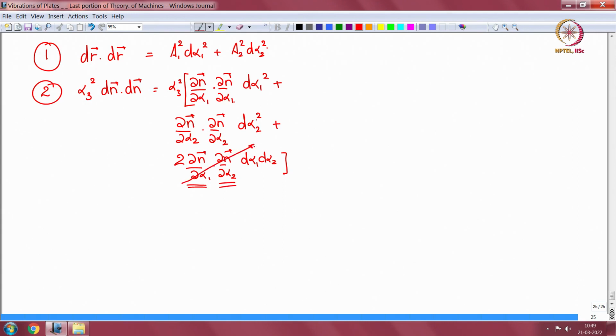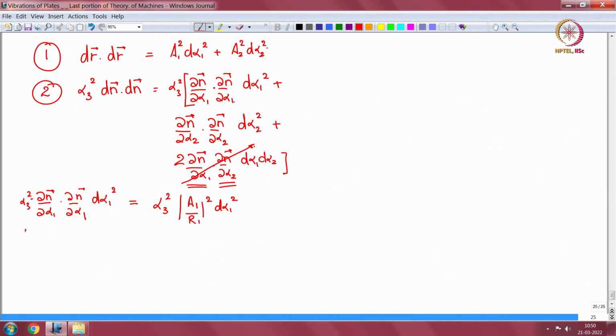So, we are left with these two, and from our original earlier derivation we know del n by del alpha 1 dotted with del n by del alpha 1, into alpha 3 square d alpha 1 squared, is equal to alpha 3 squared a1 by r1 squared d alpha 1 squared.